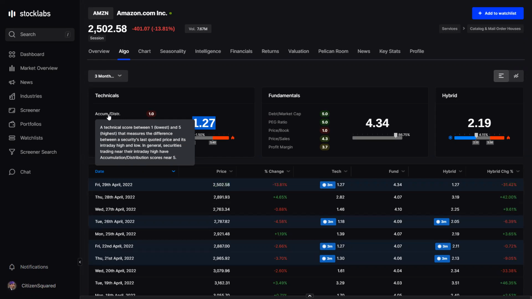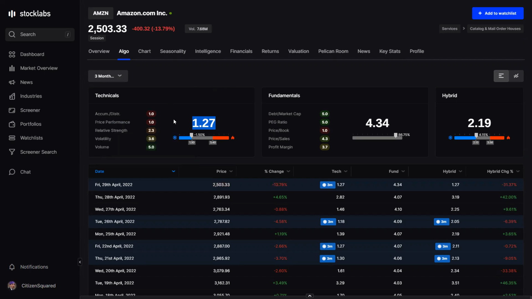Like it opens at one price and closes higher, near high of day, then we consider that as being under accumulation, versus stocks that open in one place and then consistently close lower, which are considered under distribution rather than accumulation. Amazon has had a lot of days where it closed lower than where it opened, so it has a bad accumulation distribution score in this case.